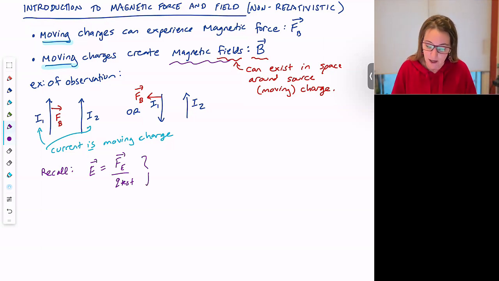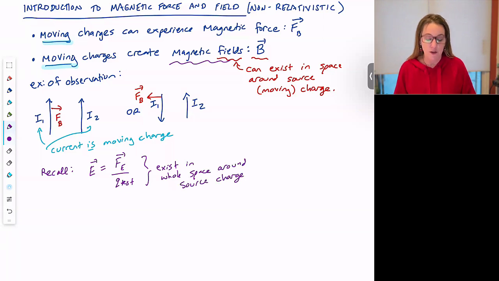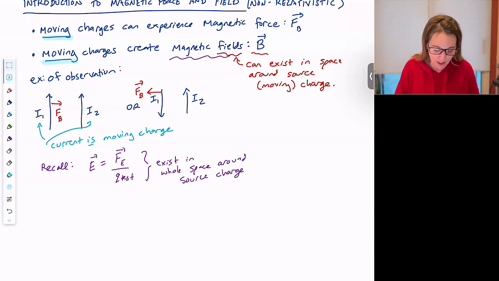And so then that way it could exist in a space, right? Could exist in the whole space around some source charge that was creating the field. So we are going to do the same thing with the magnetic field, where we're going to define a magnetic field, and we'll just work with magnitudes to start to make a nice analogy.